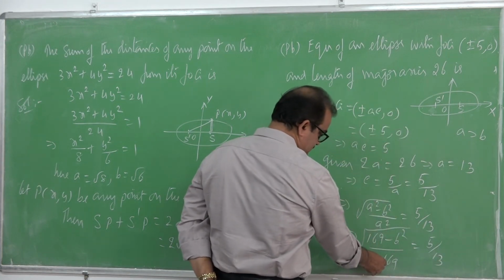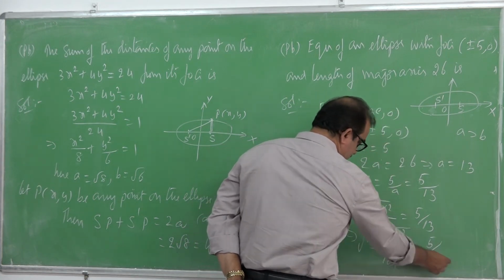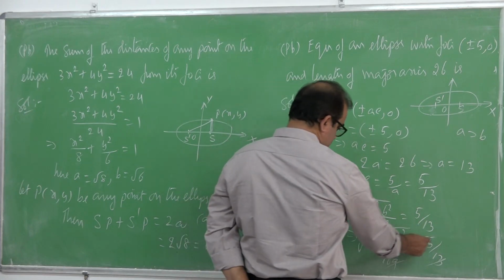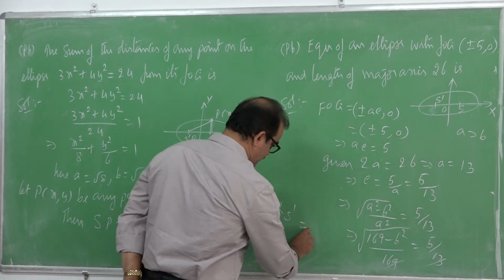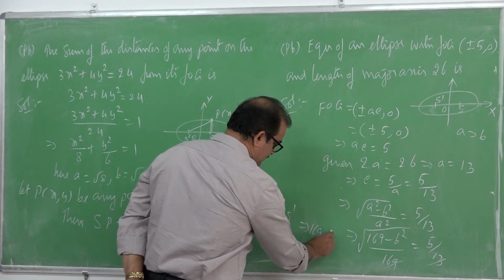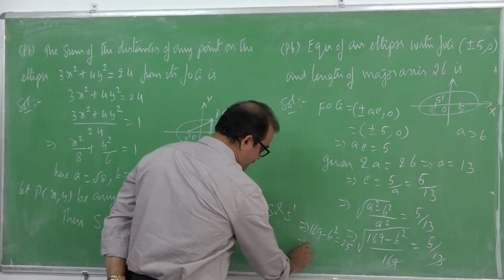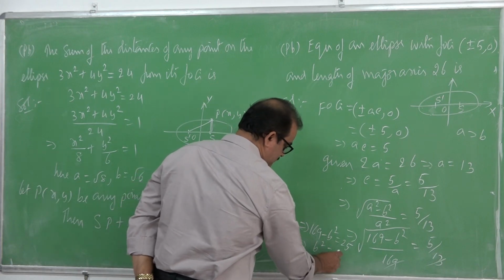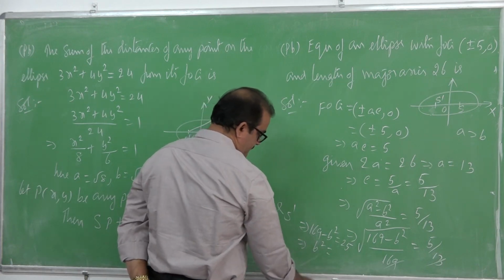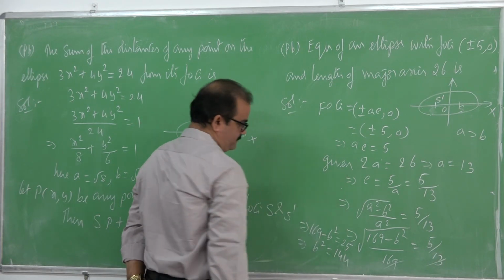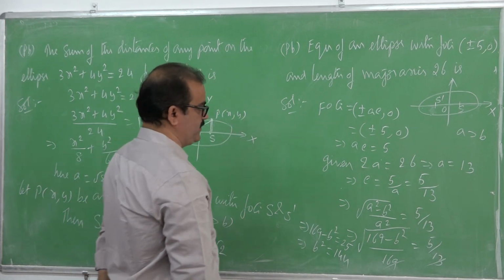Root 169, 13 and this 13 cancel. Now squaring on both sides. So what we get, 169 minus b square is equal to 25. From this, b square is equal to 144.